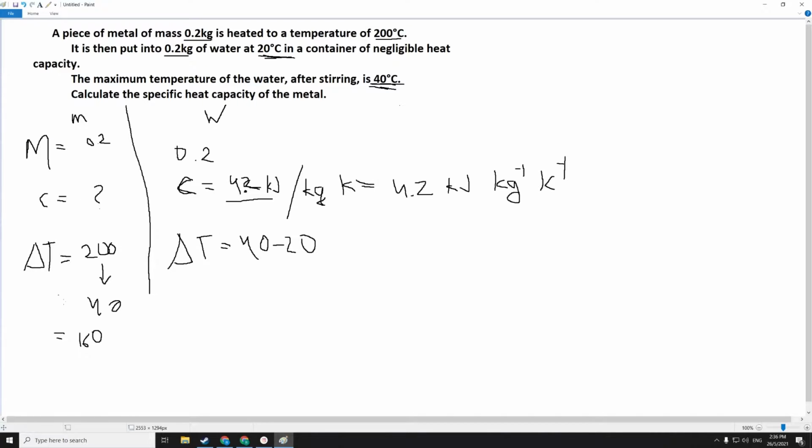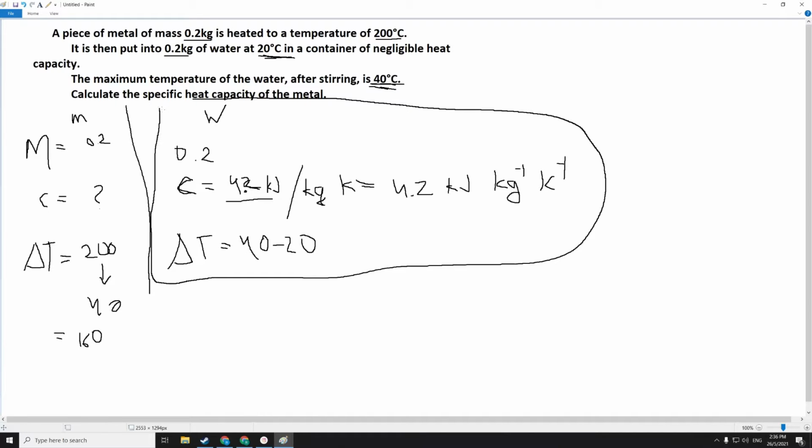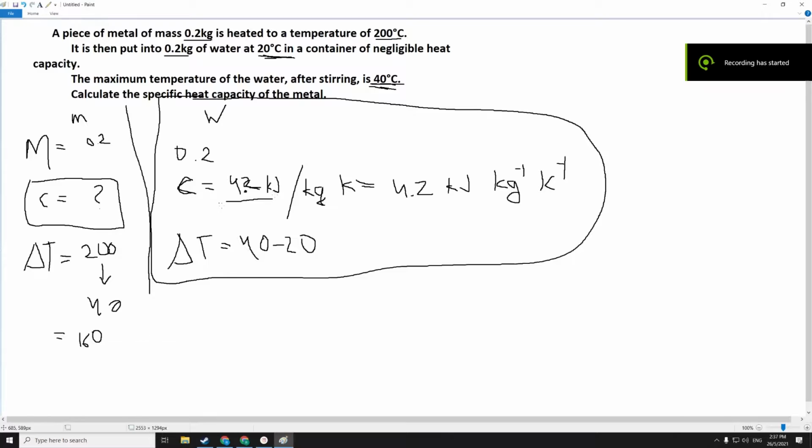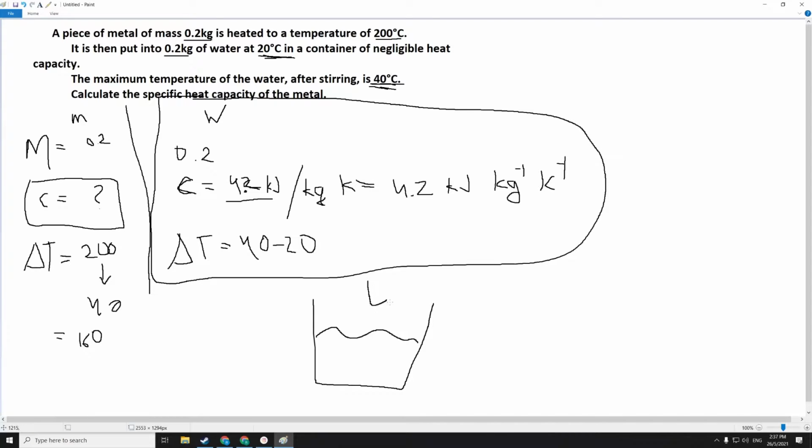Now, what we want to do is use the information we have about the water to find the specific heat capacity of the metal. The thing you have to realize about this question is that if we have this glass of water and we put the metal into it, the energy gained by the water, the delta Q of the water, equals the delta Q, the change in heat energy, of the metal block.